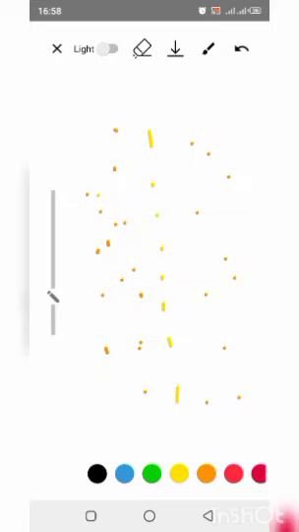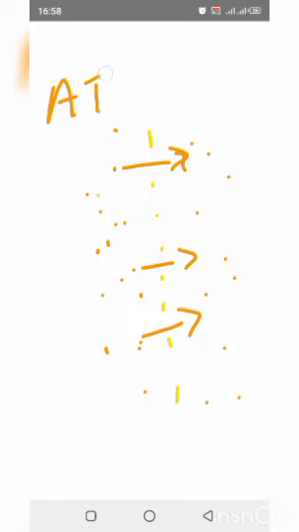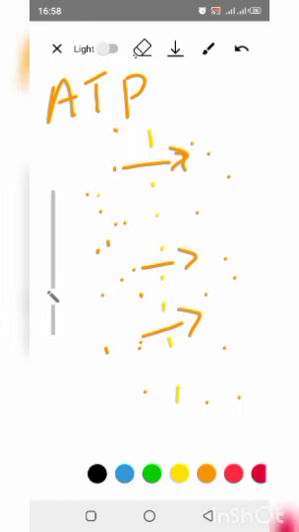So these ions start moving from this side to this side, not by diffusion, not by random movement like in diffusion, but by using energy from ATP, or energy from respiration. ATP stands for adenosine triphosphate.